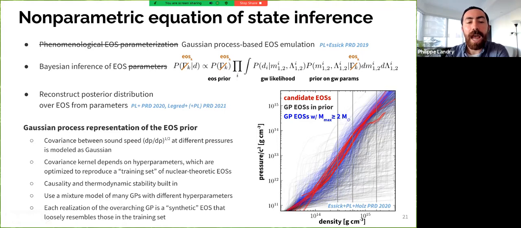And the hyperparameters that describe that Gaussian are tuned to reproduce specific equations of state from nuclear theory that we use as a kind of training set, okay?